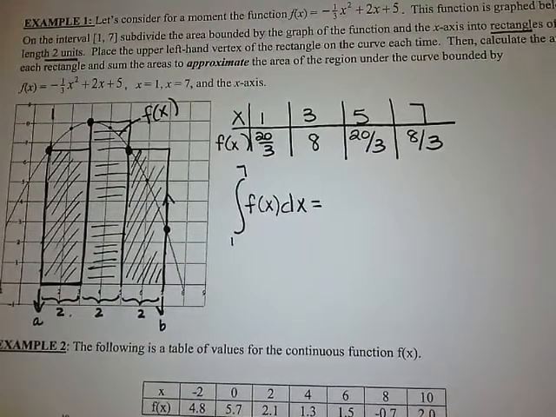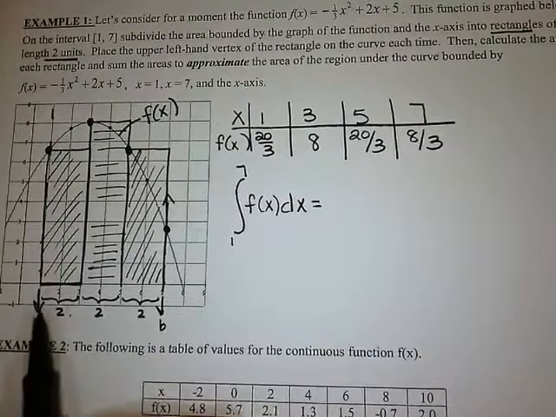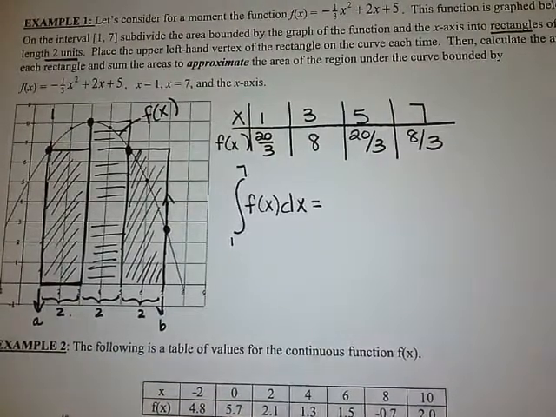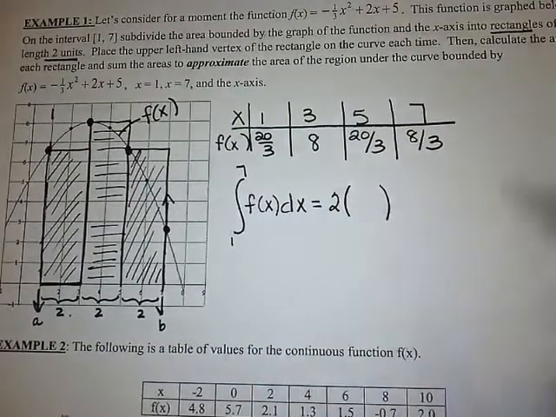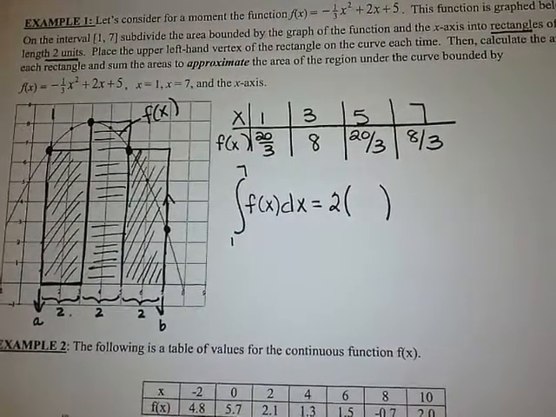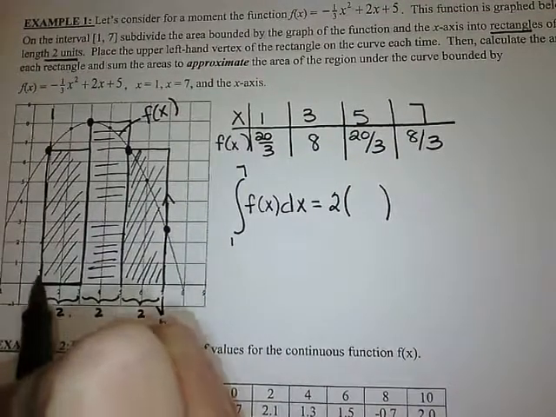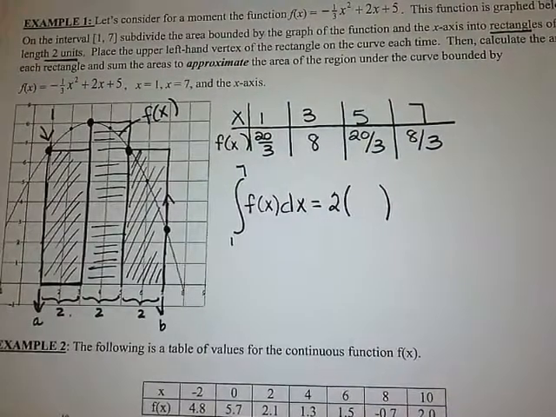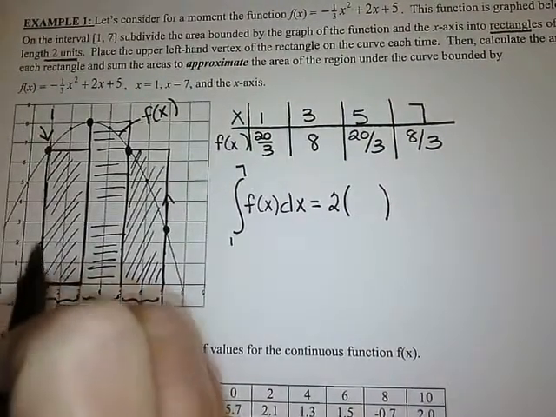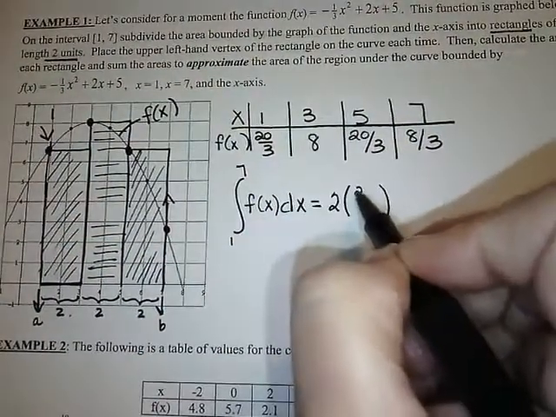First thing I have is my base. My base has a width of 2. So I'm going to do 2, times f of x on the left-hand side. Remember that this hits it on the left-hand side of my rectangle. So I want to know what f of x is at 1, which is going to be the 20/3.